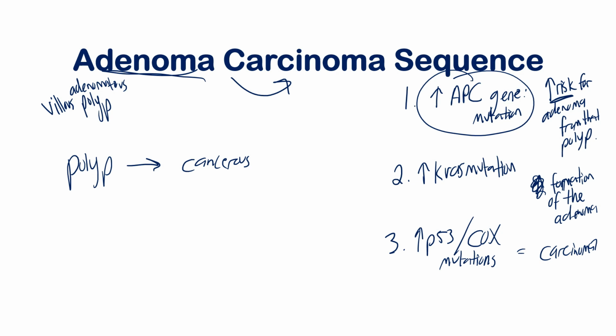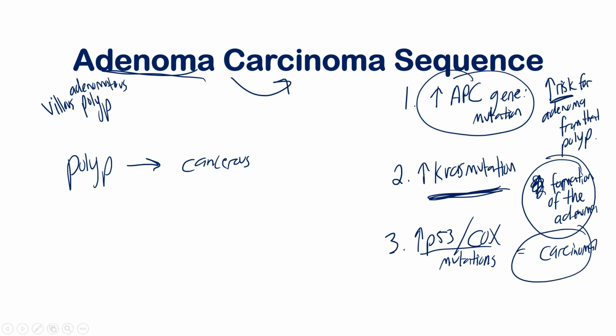Eventually it happens, and then it causes an increased KRAS mutation, and this is what forms the adenoma. And then you have increased P53 and cyclooxygenase mutations that actually cause it to become a dangerous, cancerous form, the carcinoma. I want to remind you, cyclooxygenase 2 specifically is what we're talking about here.